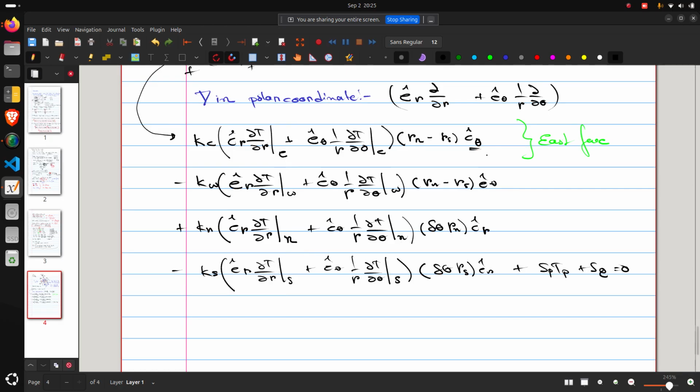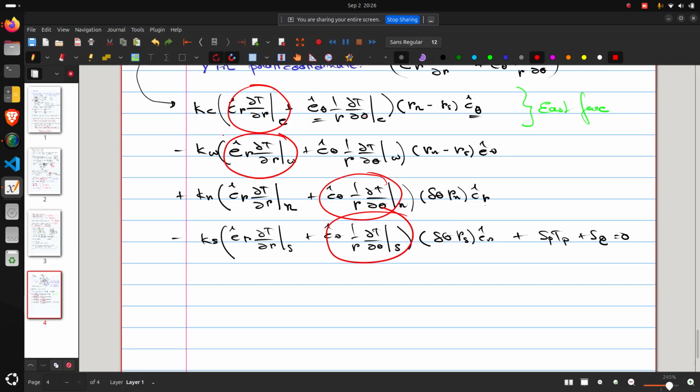Now we have the E theta, so only the remaining part will be this dou T dou theta, this will get cancelled, right? Because E cap theta times E cap R will give you 0. Similarly here also this term will get cancelled, and here we have E cap R, right? So we have this term and this term getting cancelled, right? So finally what do we have?